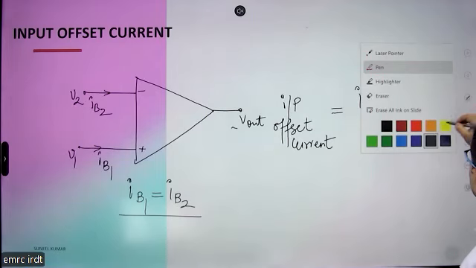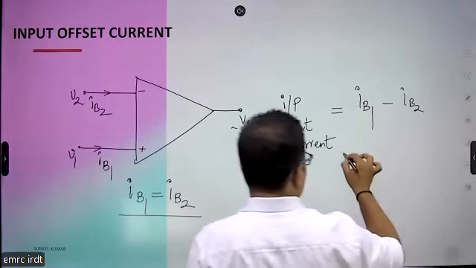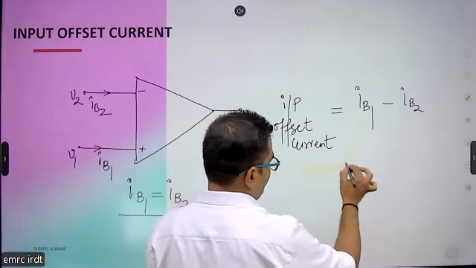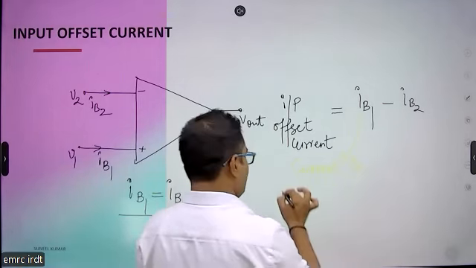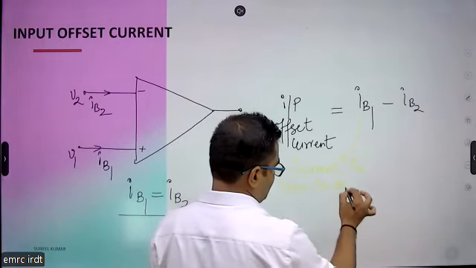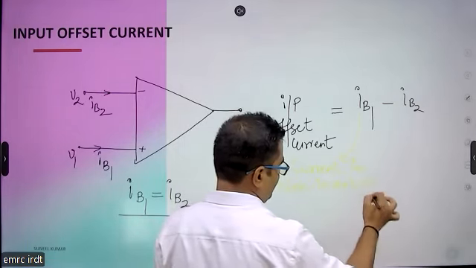What is IB1? IB1 is the current in the non-inverting terminal.